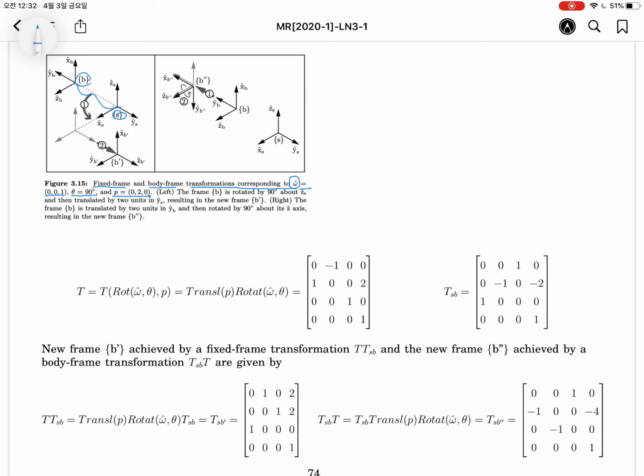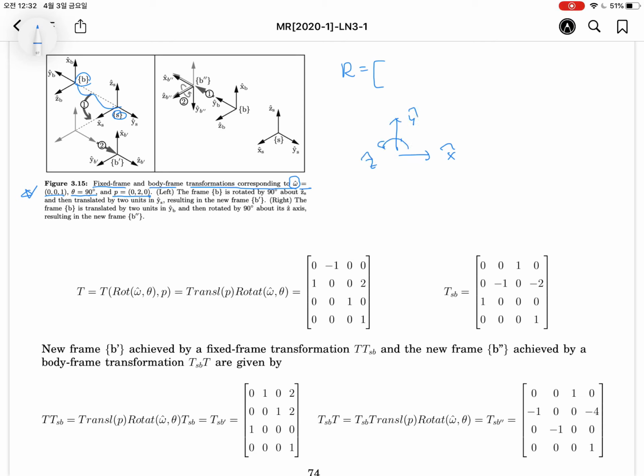Okay, let's make the rotation matrix first. The rotation axis is 0, 0, 1. It means, let's take this as the x-axis, this as the y-axis, and this as the z-axis.